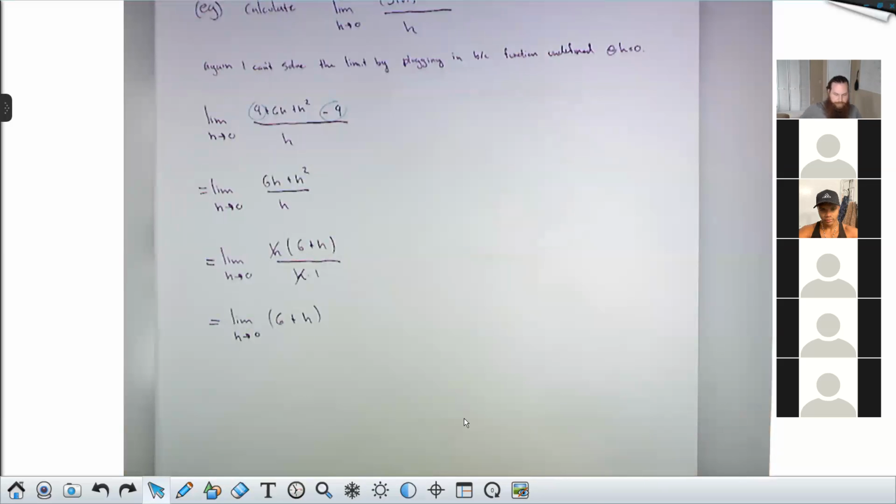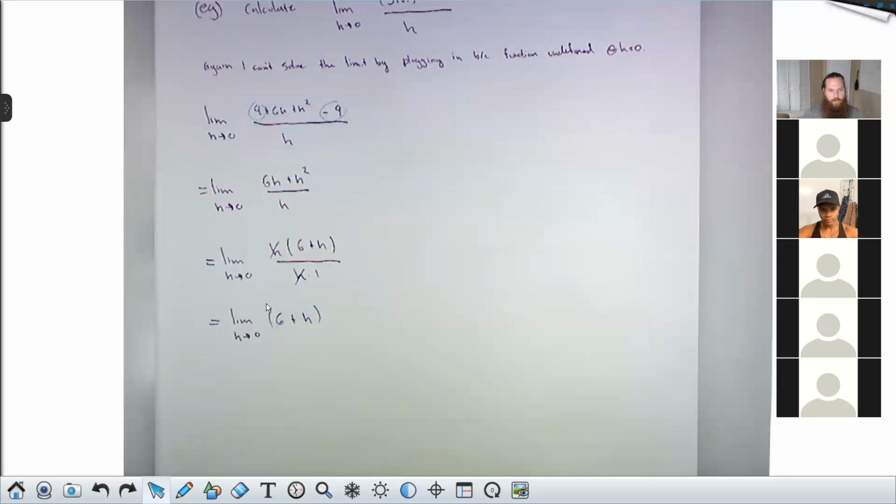So here is my original function, my f of x, or in this case, f of h. And here is my very closely related function, g of h, that agrees with f everywhere except exactly at 0. But as you sneak up on 0 in this guy, you're going to the same y value that you'd get as you sneak up on 0 in this guy.